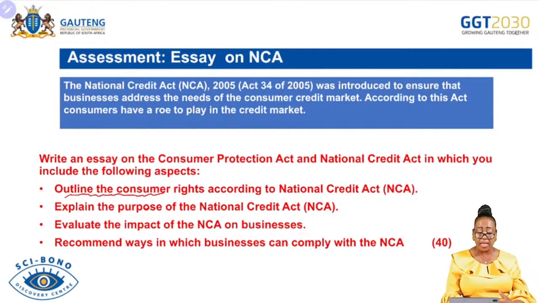If it speaks about outline the consumer rights, in your introduction, you speak about the consumer rights that were not afforded before the endorsement of the National Credit Act. Come up with a phrase, a sentence that is going to show that you understand, but without giving the answer. The second point, you can just choose any from this sub-question. Maybe talk about explain the purpose of the National Credit Act without going further on those key words, because you are not supposed to give answers under your introduction.